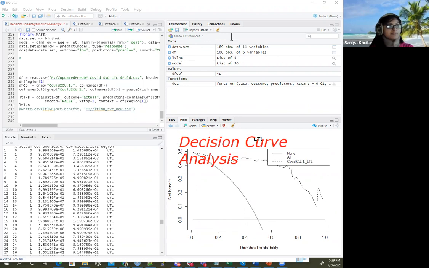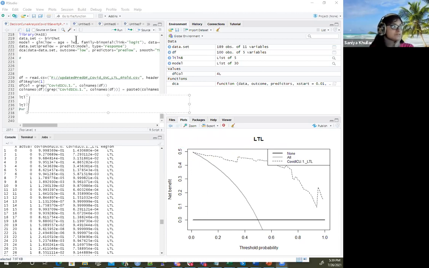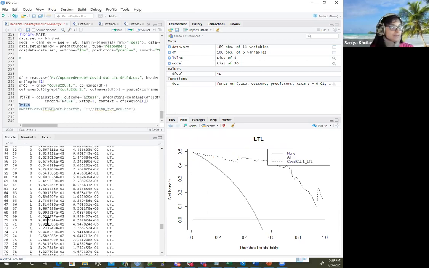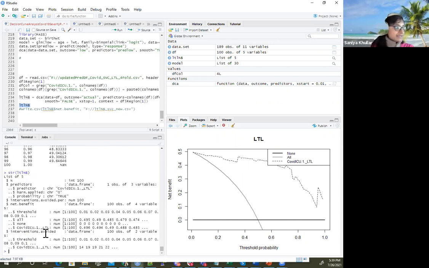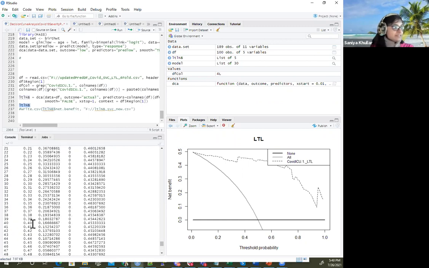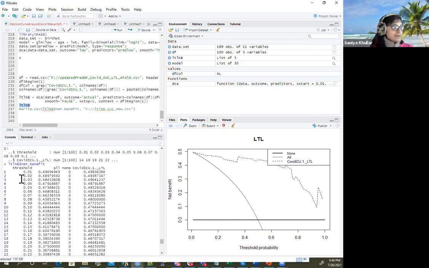And it's based off of this ready-made formula, which is awesome. Then, based off of that, if we look at the structure of this LTL, we see that it's a list. So I can get the net benefit values from here again, as we saw above. This compares the net benefit for a given probability threshold.